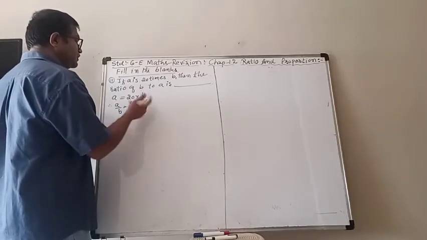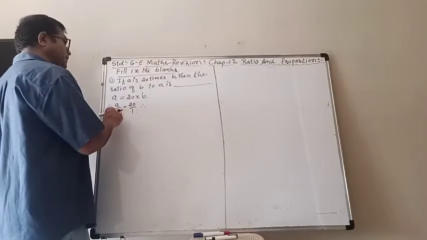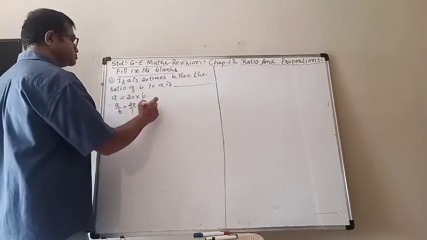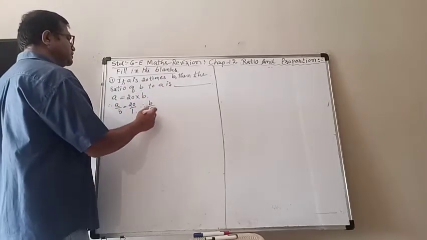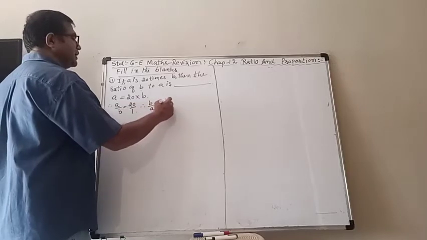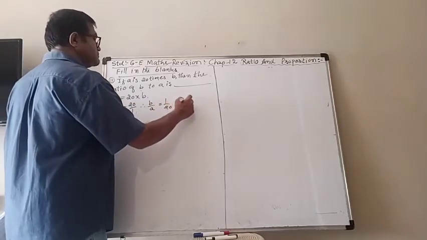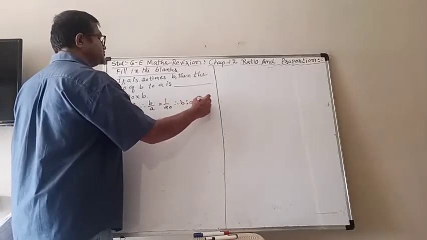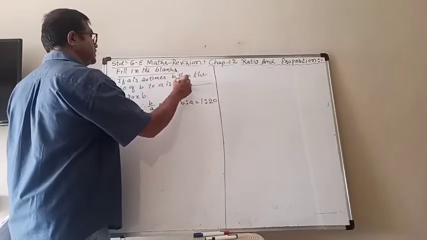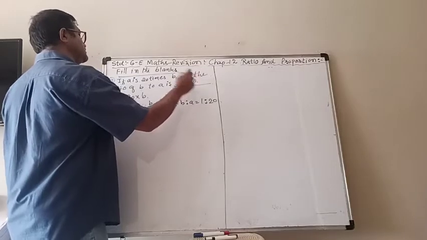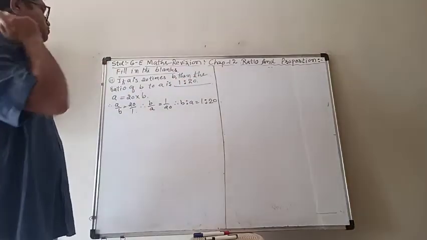But now we need the reverse, B upon A, because it is B to A. So if you take the reciprocal, B upon A is 1 upon 20. It means that B is to A is 1 is to 20. So the answer is 1 is to 20.